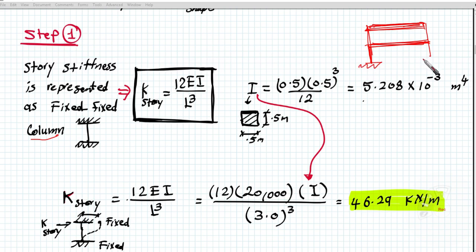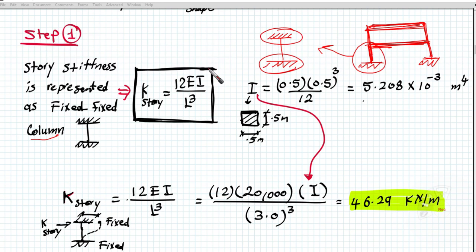At the bottom, the columns are fixed, right? If we get closer to one column, the bottom is fixed, and because it is attached to a very rigid girder, we can assume that here also it is fixed. So we have a fixed condition, right?